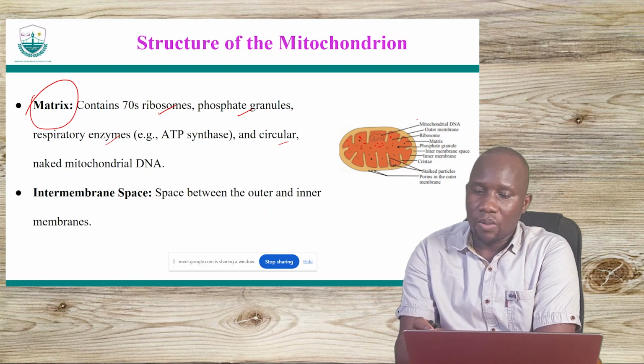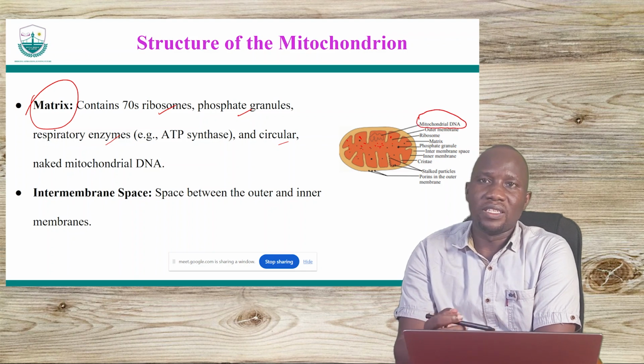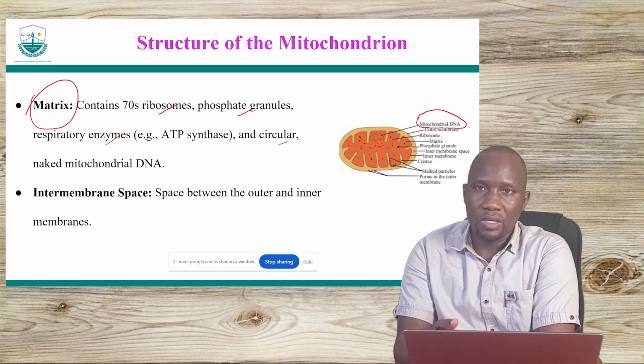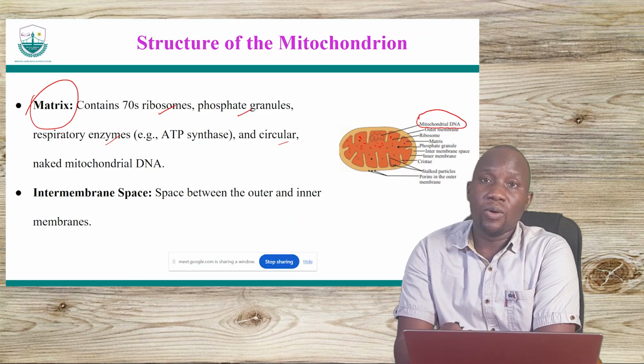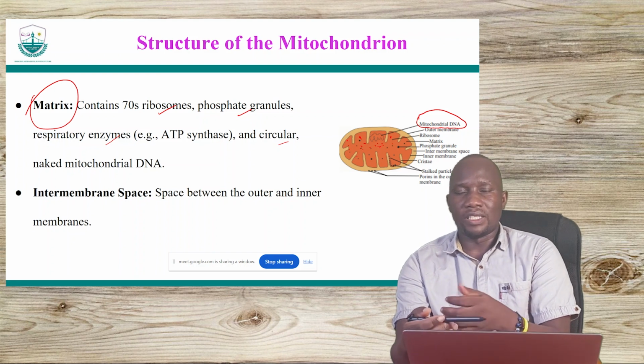Okay, so the mitochondria has its own DNA. That means that it is semi-autonomous. It can pass on the genetic information that it has.